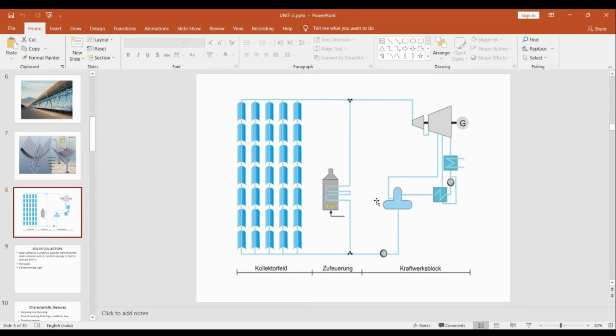So I will explain now how we can produce power from the trough collector, right? These are the collectors, and these collectors will receive the heat. The working fluid, water, will move through this tube, or the receivers.